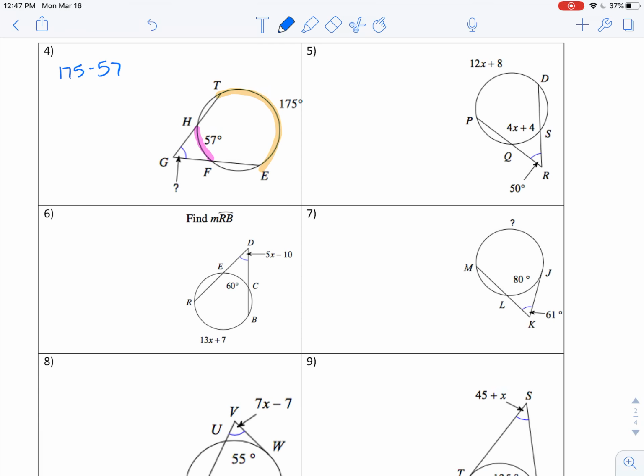So 175 minus 57 is 118. And then we'll take that 118 degrees and divide by 2 to get 59 degrees. So G is 59 degrees.